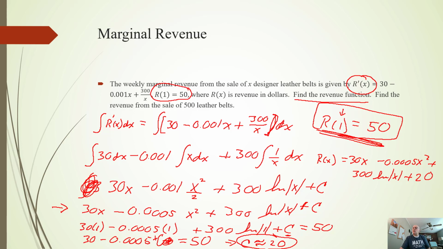Now the question said find the revenue function, but also find the revenue from the sale of 500 leather belts. Easy. Don't get lost. All we need to do is put the 500 in for how many belts.